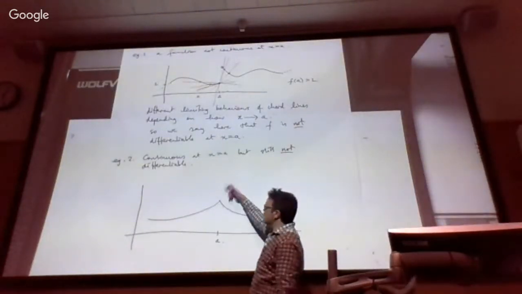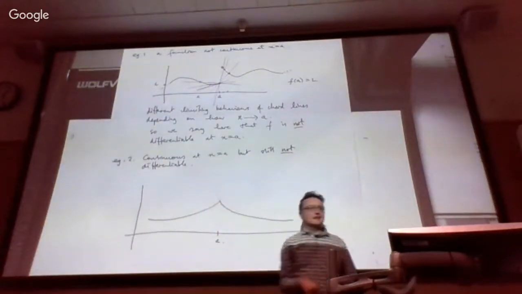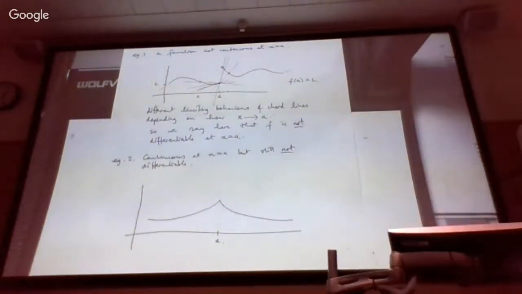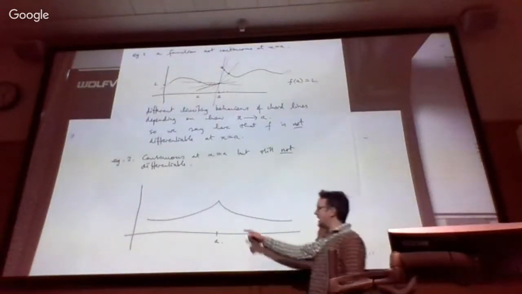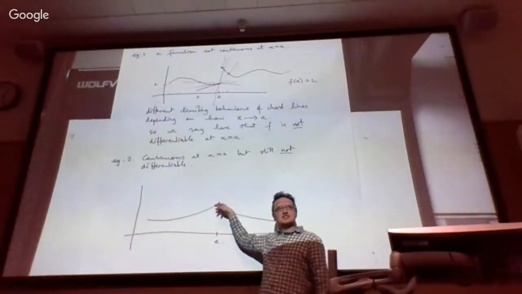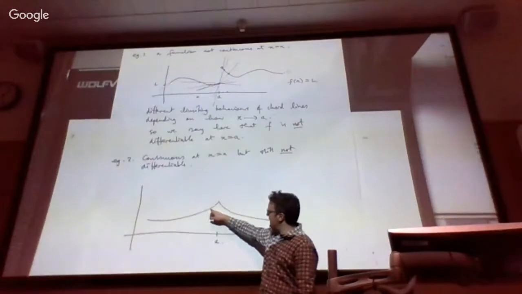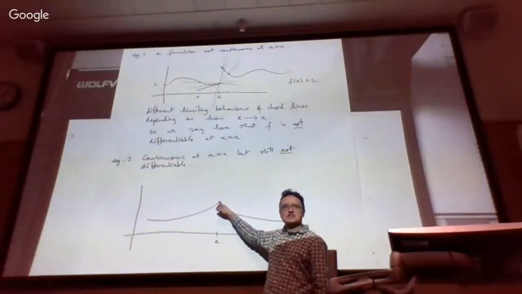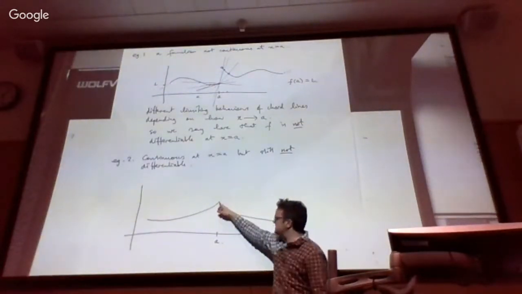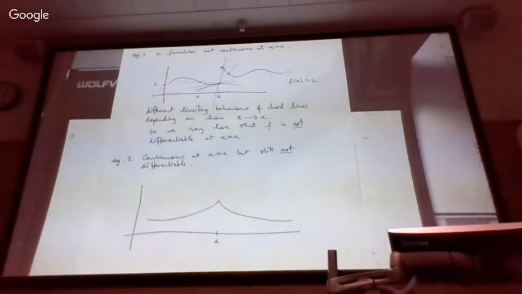So, ouch, there's a sharp point. The function doesn't have a discontinuous change in value here, but it does make a discontinuous change in its behavior. As you're approaching a from the left, you're increasing. But then suddenly, instantaneously, you change to decreasing behavior. That produces that sharp point.